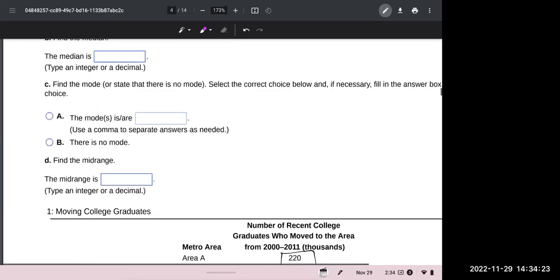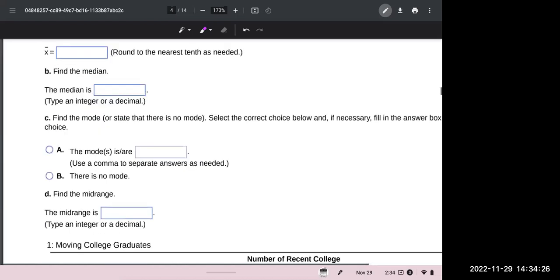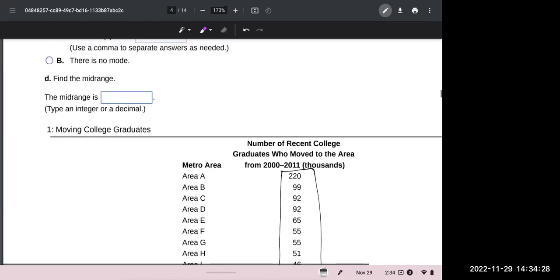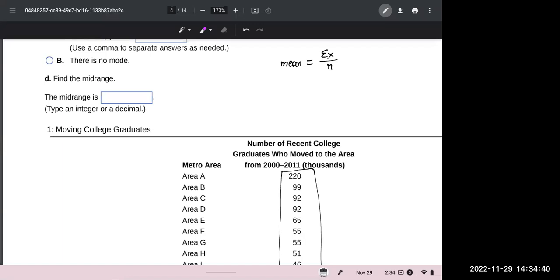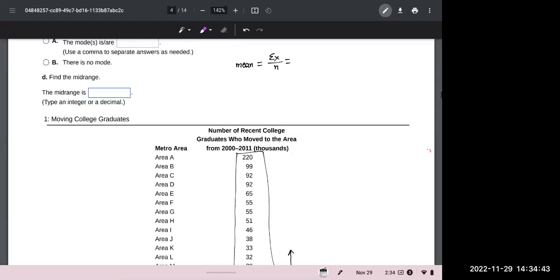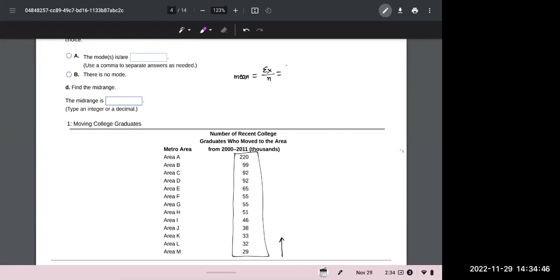First question, they're asking you to find the mean. We remember that for the mean, we will add all the numbers together. The formula for mean is sigma x divided by n, which means you will add all the numbers together. So 220 plus 99 plus 92 plus 65 plus 55 plus 55 plus 51 plus 46 and so on.